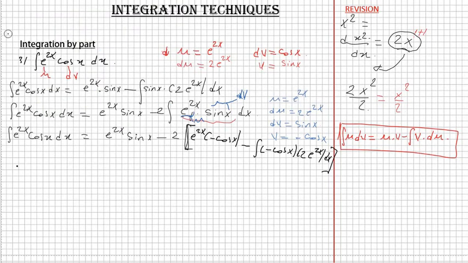So I'm going to try to simplify this a bit. The integration of e to the power of 2x cos x dx gives e to the power of 2x sine x minus, because we have two negative signs, the multiplication gives a positive, and then we have 2 e to the power of 2x cos x.